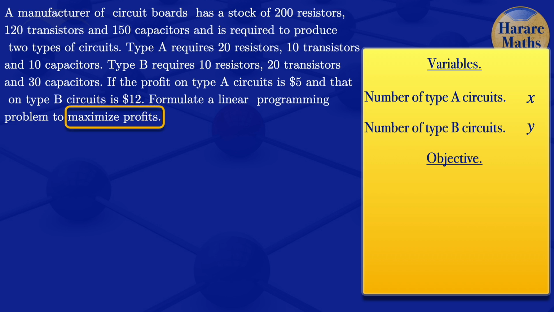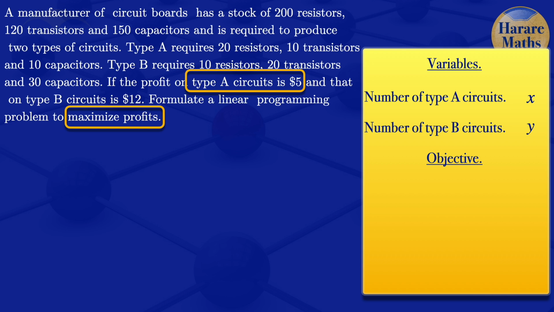So our objective is to maximize profits, but we are told that the profit on type A circuits is $5. If the profit on a type A circuit is $5 and we are making X type A circuits, then the profit from the type A circuits will be 5 times X, because we are making $5 profit on each type A circuit.